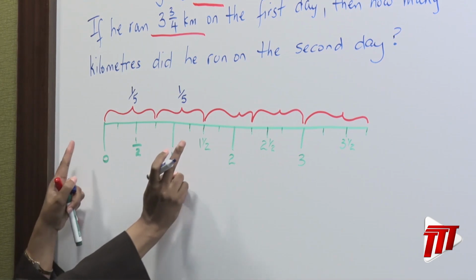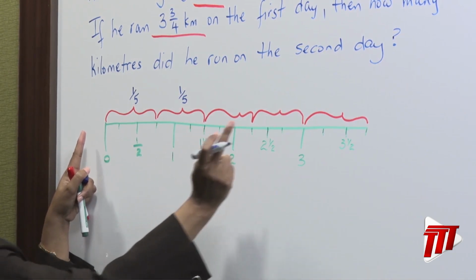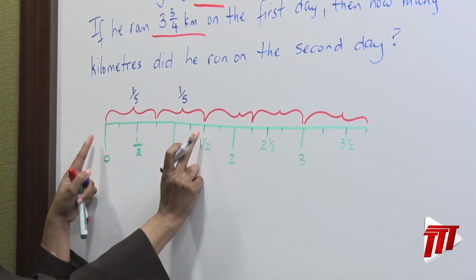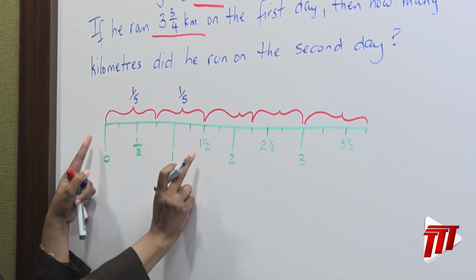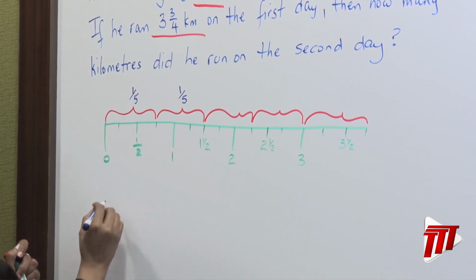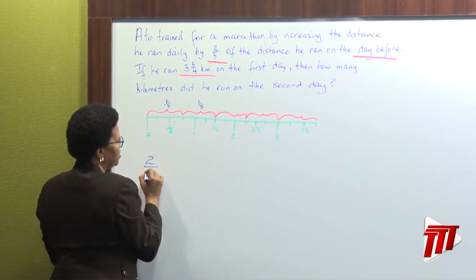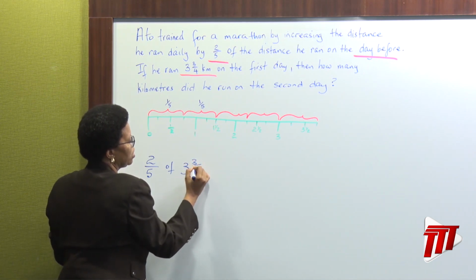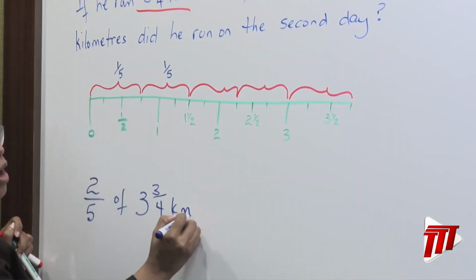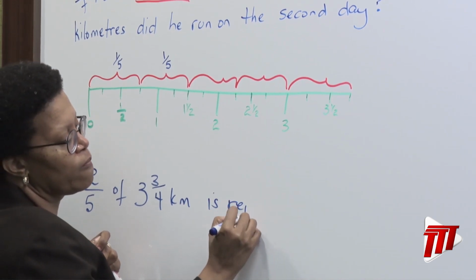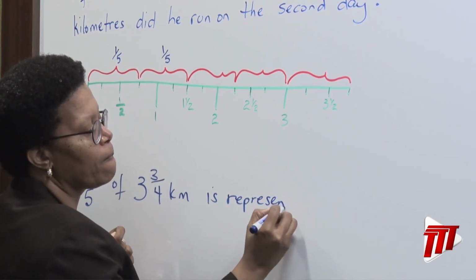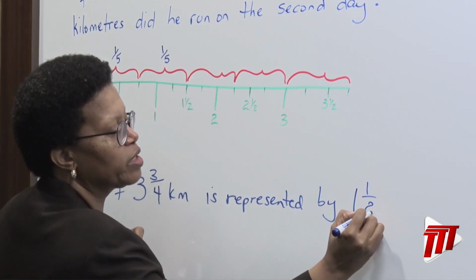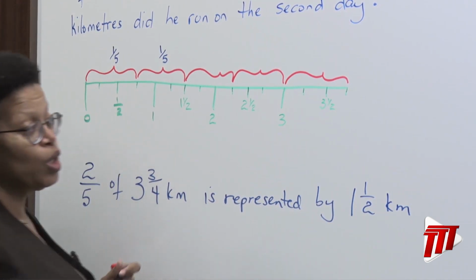Therefore, how much of the entire distance represents 2/5? 2/5 is represented by 1.5 kilometers. 2/5 of 3.75 kilometers is represented by 1.5 kilometers.